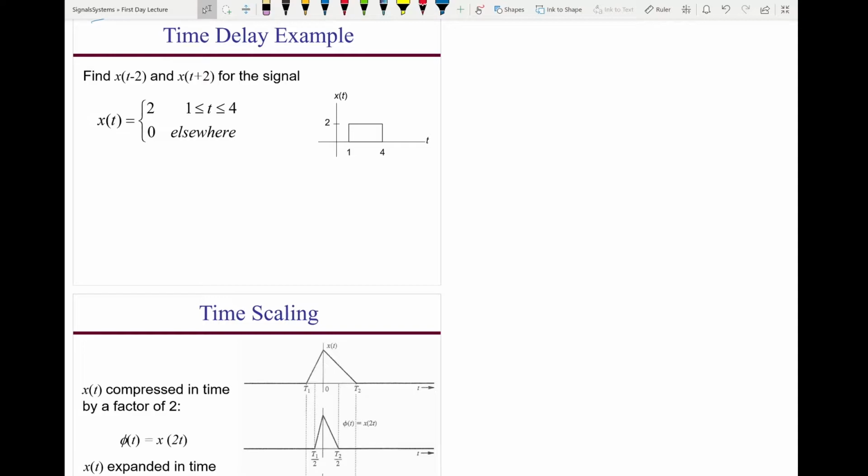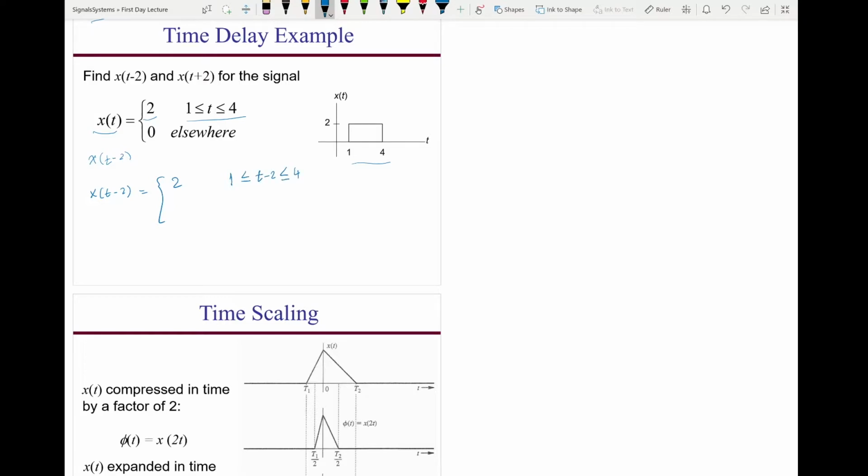So for example, if I have this signal x of t, which is just a pulse of amplitude 2, that exists from 1 to 4. Now if I want to find what is x of t minus 2, wherever I see t, I replace it by t minus 2. So this will be x of t minus 2 equal, there is no t here, so I just put 2, 1 bigger t, I replace it by t minus 2, 4.